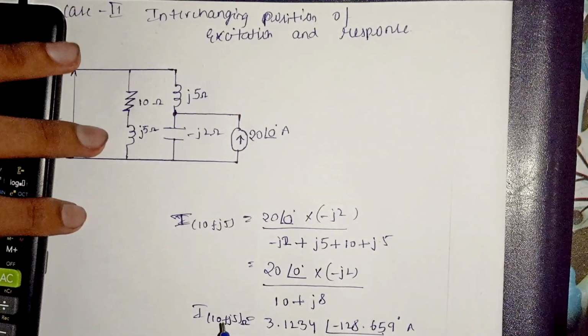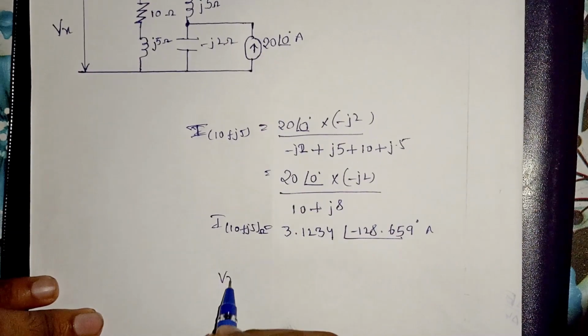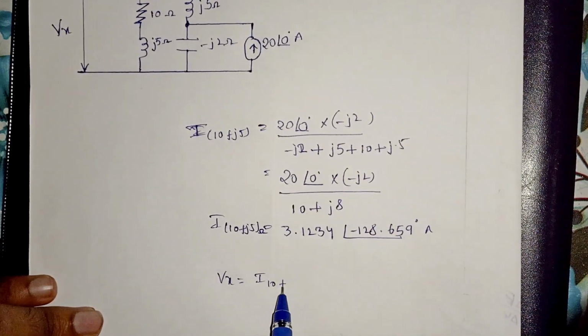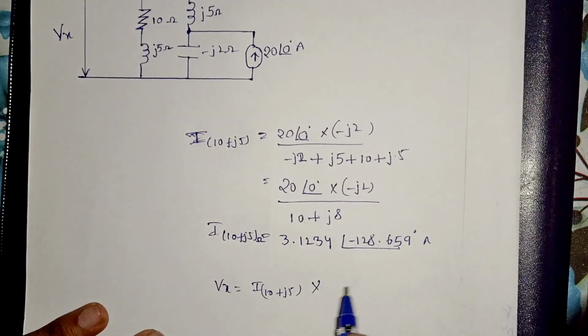In order to calculate the voltage Vx, the voltage is simply the current through the 10 plus j5 multiplied by the whole impedance, that is 10 plus j5.